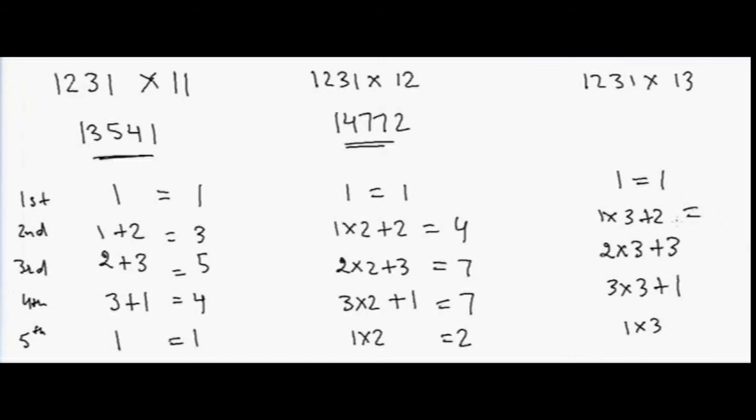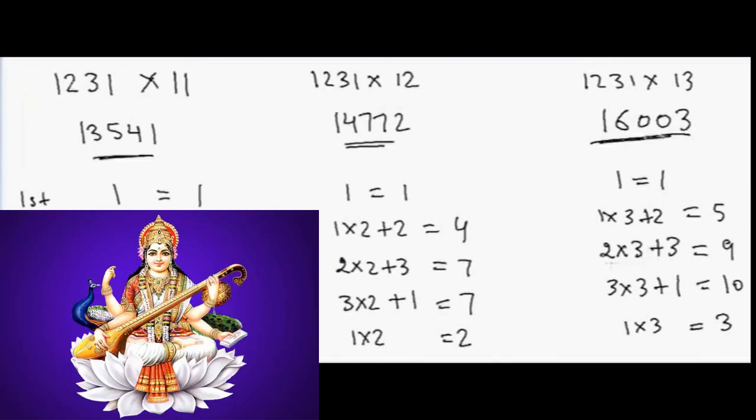So that will give me 3 plus 2 is equal to 5. 3 into 2 is 6 plus 3, 9, and 3 into 3 is 9 plus 1, 10. So here we have 10 and here we'll have 3. In this case we have to be careful because there is a carryover, so we write 3. Then here we'll write 0 because we have 10 here, so 1 will go to the 9. So 9 plus 1 is 10 again, so we'll have one more 0. It will go to the 5, so it will be 6, and then it's 1. So the answer is 16003.